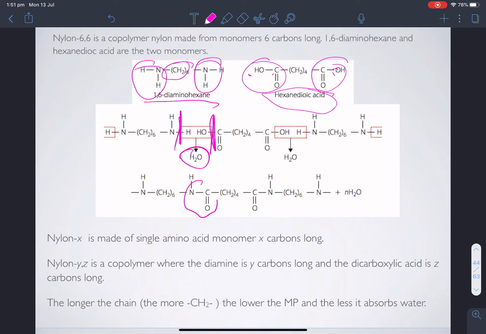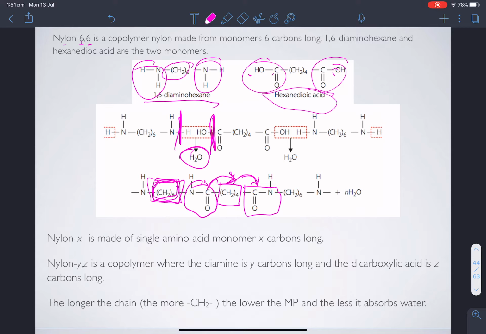So there's your amide groups, okay? In between the nitrogens, you've got your CH2 6, so you know you started off with the 6 carbons, and in here you've got your 4 and then the 2 carbonyl ones. So you've also started with a monomer 6. So therefore the nylon 6,6, there's 2 numbers, so it's a copolymer.